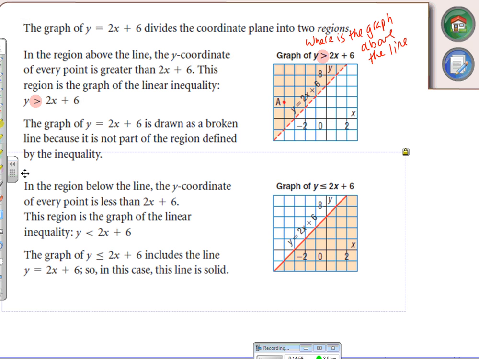But now if we look at this next one, we've got a solid line, because I've changed it from just greater than, this one's now less than, below the line, or equal to. So it's going to be a solid line. The first one was, where is the graph above the line, but not equal to the line.